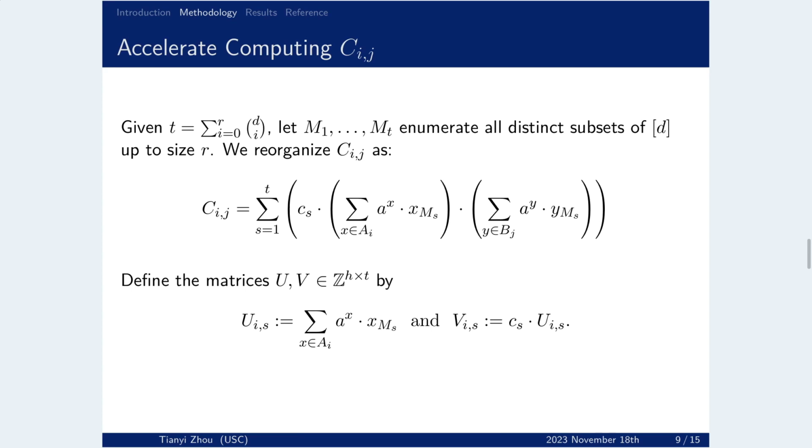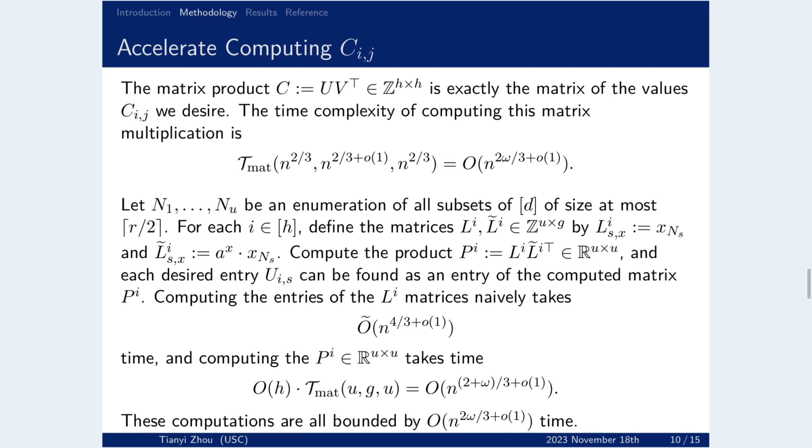So instead of computing the pairwise C function, we can just compute the matrices U and V once, and then we get the score function C. The time complexity of computing this matrix multiplication is n to the power of 2 omega over 3 plus small o(1). Additionally, we further speed up the calculation of matrices U and V as the following.